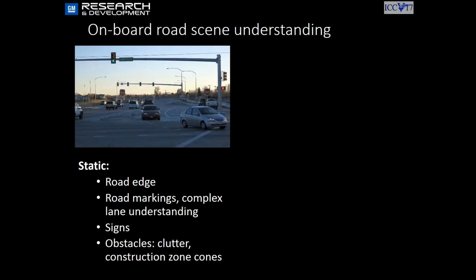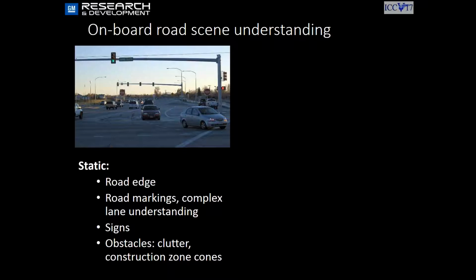Okay, so first, what is onboard road scene understanding? Basically, an autonomous vehicle has to detect all the relevant objects in its surrounding. This includes static objects such as road edges, road markings. It has to understand very complex structures of the lanes.